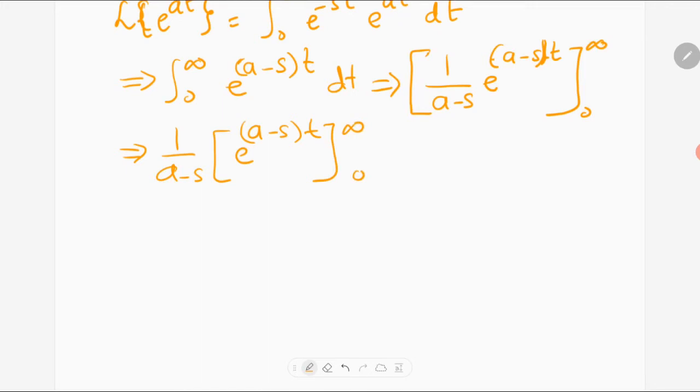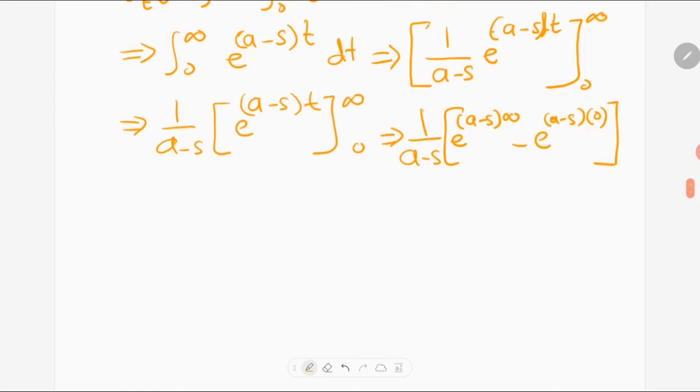We again have the same kind of problem. We want this factor to be negative when you put the infinity over here. So let me do that first to be more clear. This actually is a minus s times the upper limit, minus a minus s times the lower limit, which is 0.